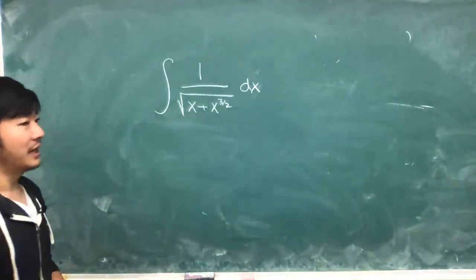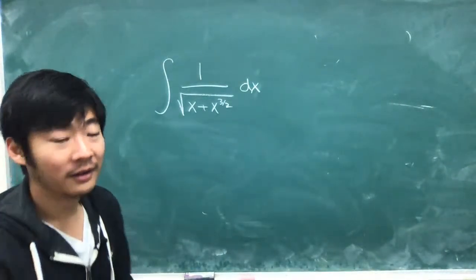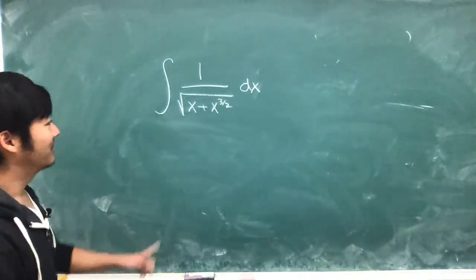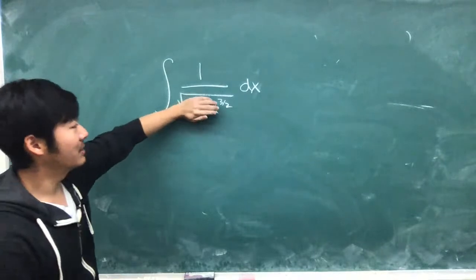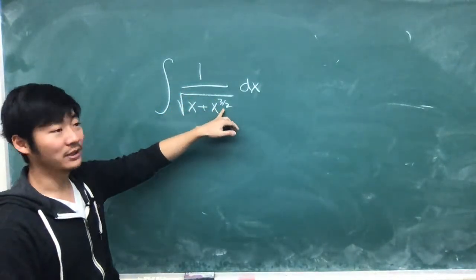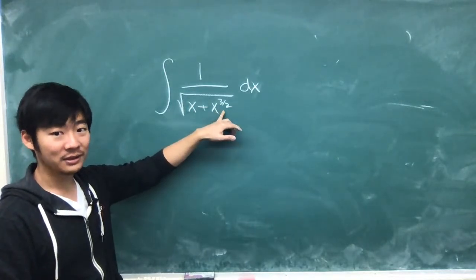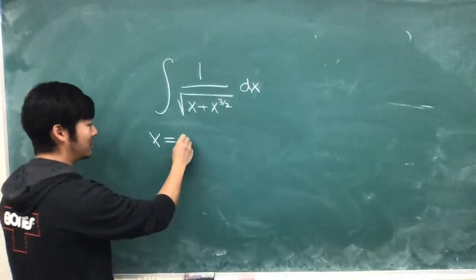But what you can do is something like this. It's similar to how you substitute in something squared to get out of the square root, but you have basically a square root inside. So you have to deal with this first. So let's let x equal t squared.